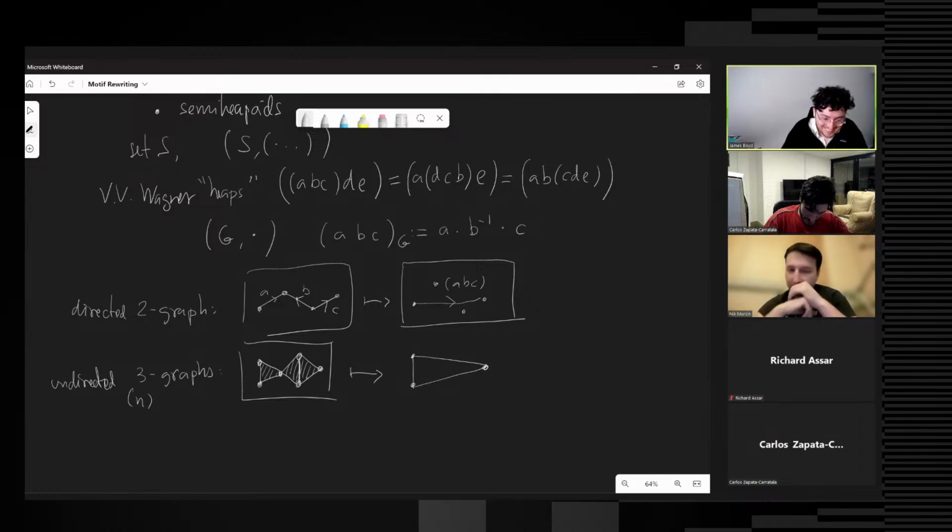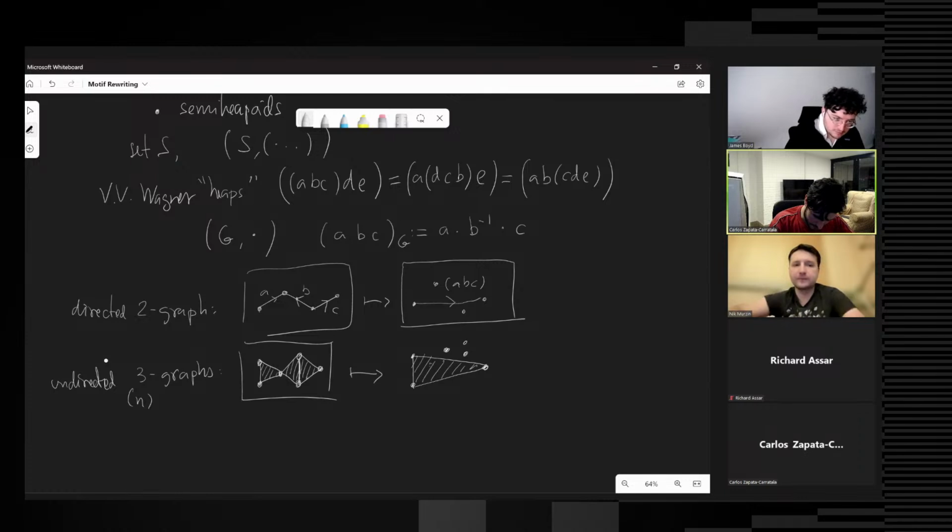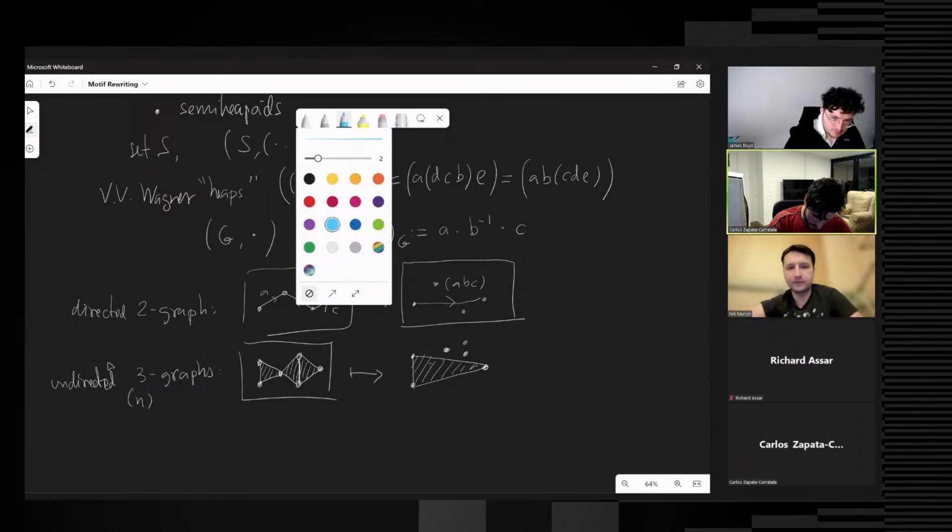It's important to remember that these dots are still here. They didn't go anywhere. It's just a rewrite. And so, again, if you call this thing, maybe some color is going to help. Purple, maybe.